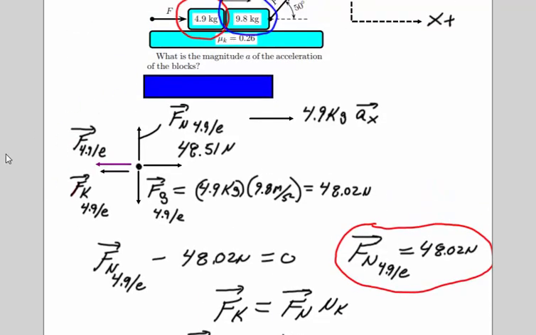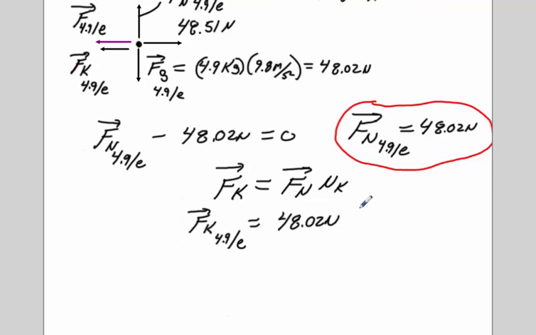What's my mu value? 0.26. I will calculate that value right now. I will get 48.02 times 0.26. That's going to give me a value of 12.49 newtons. And again, we know that's going back to the left.